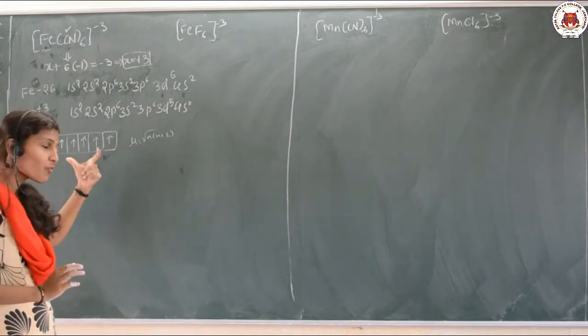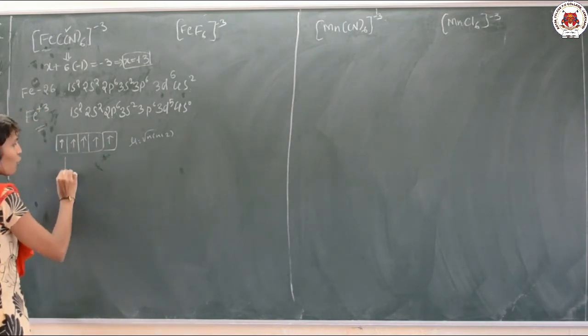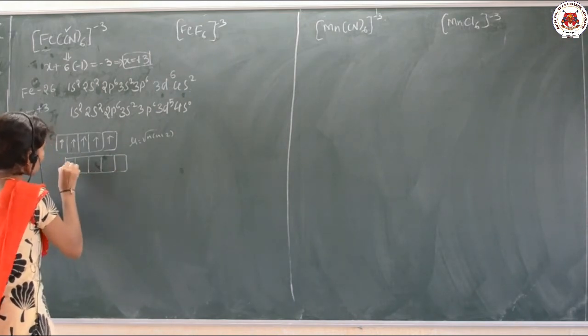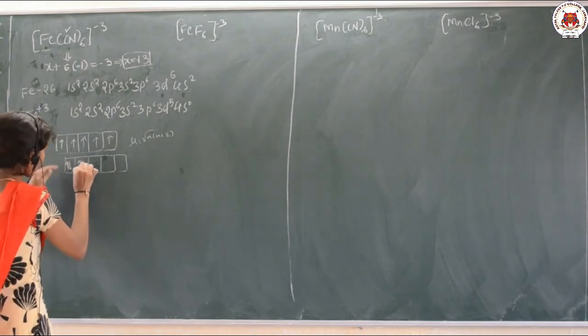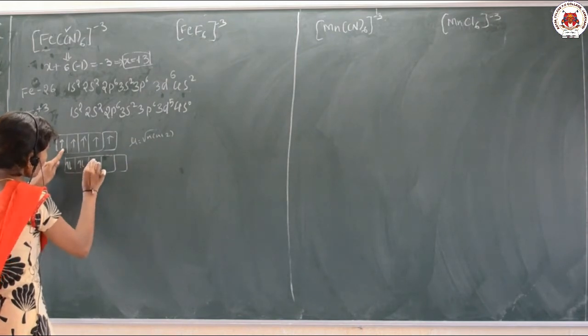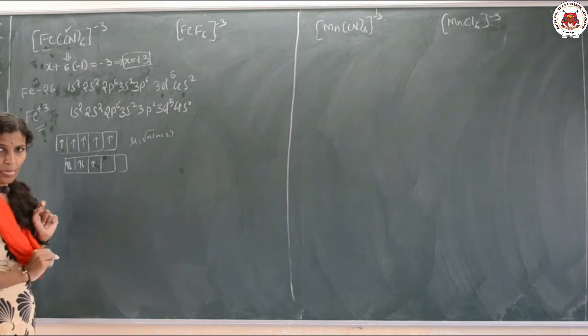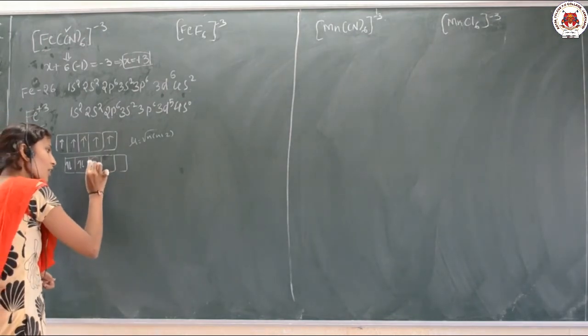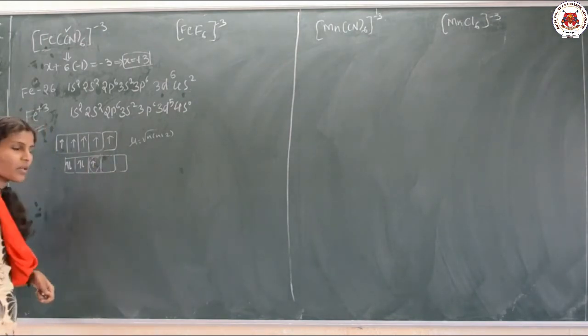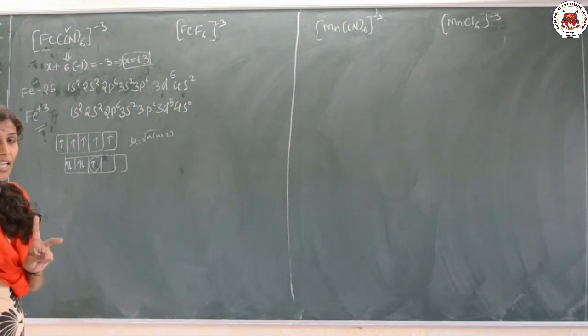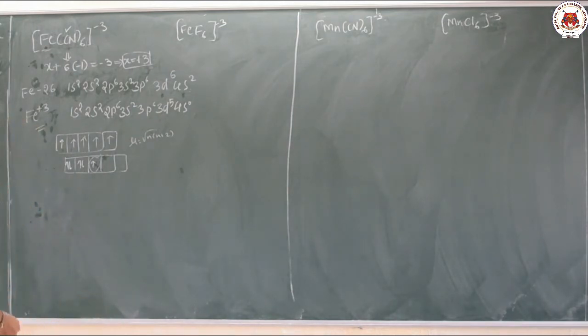So first make the pairing of these electrons. When the CN approaches here, what happens? The pairing: one of the electrons will go here like this, totally 2, 4, 5 electrons. Now think about how many unpaired electrons remain. Only one unpaired electron remains.